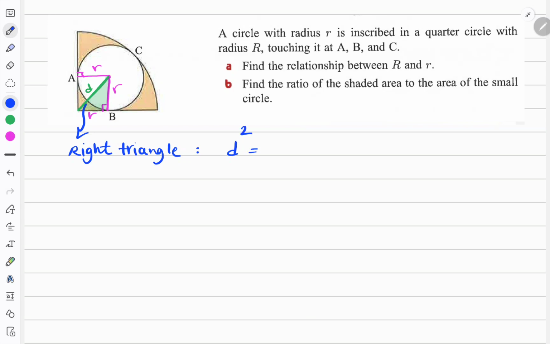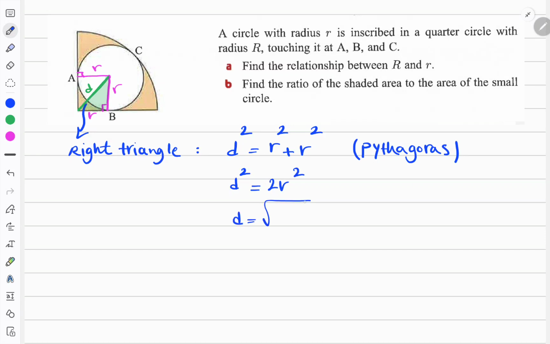So d squared equals r squared plus r squared. d is the hypotenuse because it is opposite the right angle. And d squared is 2r squared, and d is the square root of 2r squared, which is radical 2 times r, and r is bigger than 0. So far so good.